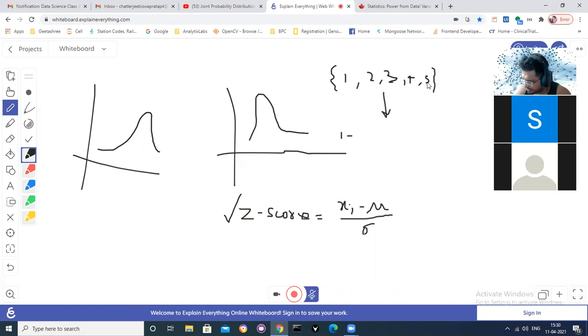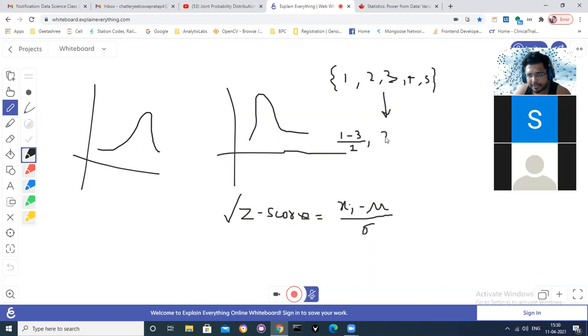The mean of these 5 numbers is what? 15 divided by 5 is 3. So 3 is the mean. So (1 minus 3) divided by the standard deviation, which you can also calculate. So that will be 1.